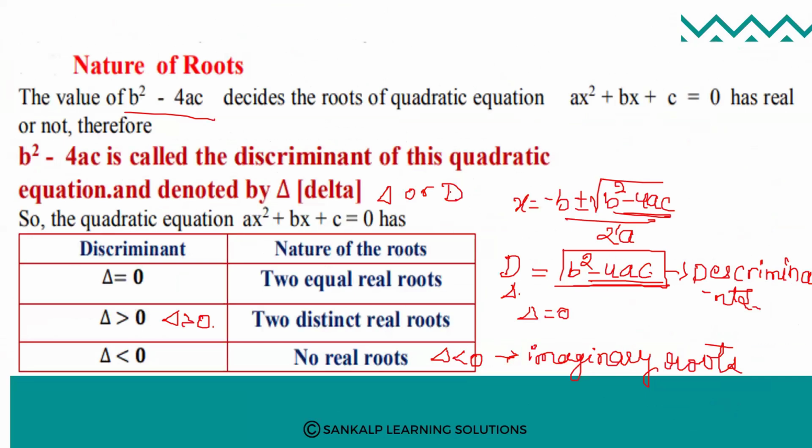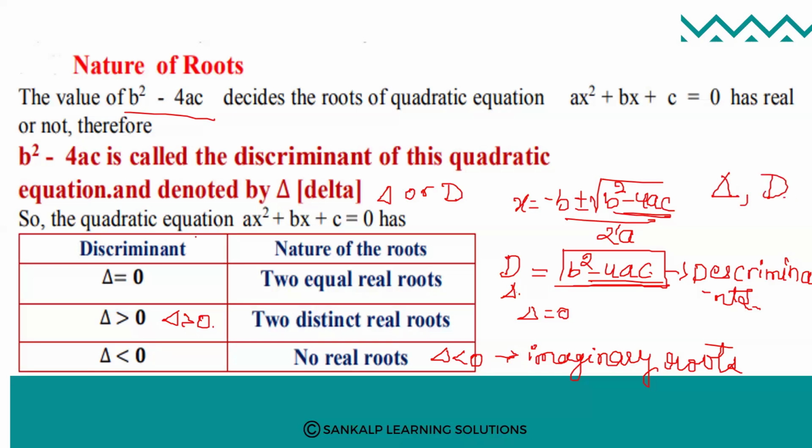And nature of roots: b square minus 4ac is called the discriminant of the quadratic equation because it finds out the nature of the roots, whether it is equal roots, real roots or imaginary roots. So we call b square minus 4ac the discriminant, denoted by the letter delta or D.